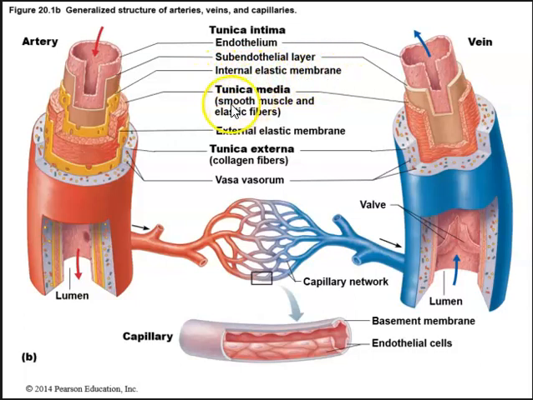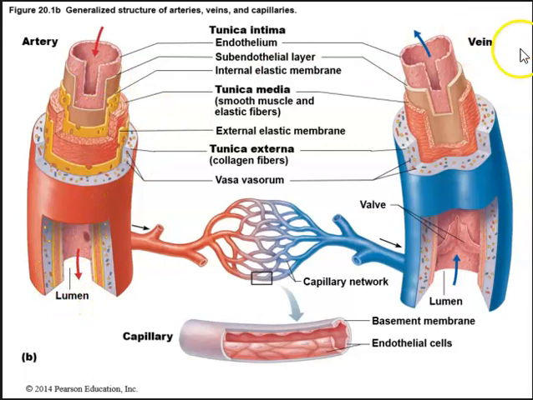The tunica media is made up of smooth muscle as well as elastic fibers that we talked about in Unit 1. There's an external elastic membrane, and then finally an outermost tunica externa, or tunica adventitia, made up of collagen fibers. We then have a blood supply, or the vasa vasorum layer of these blood vessels. And of course, there's that centralized space called the lumen.